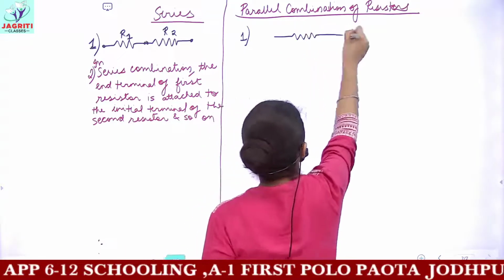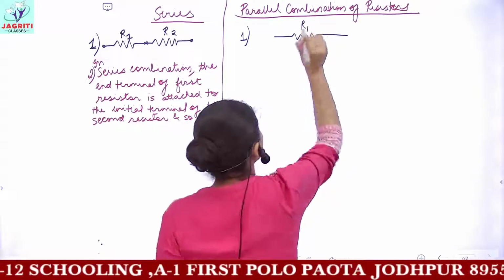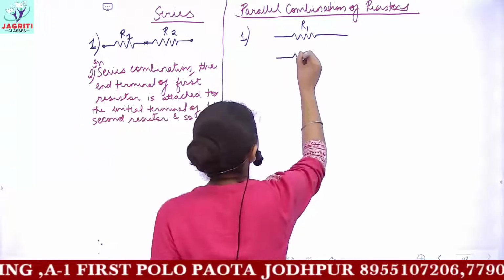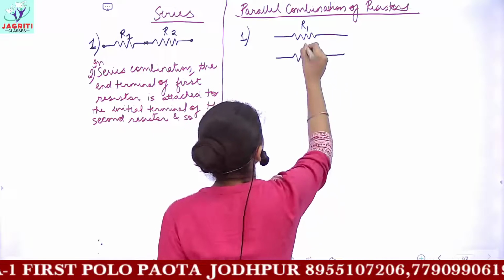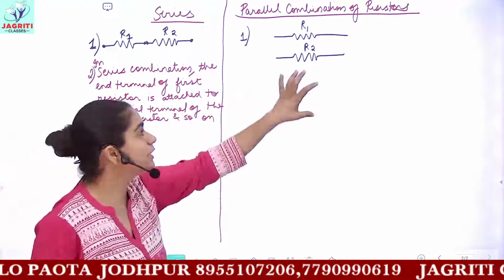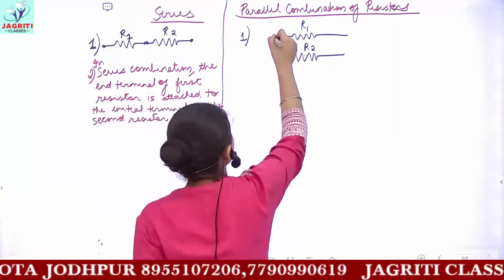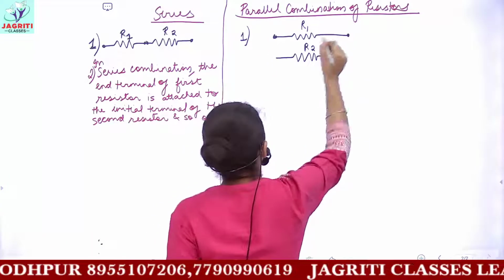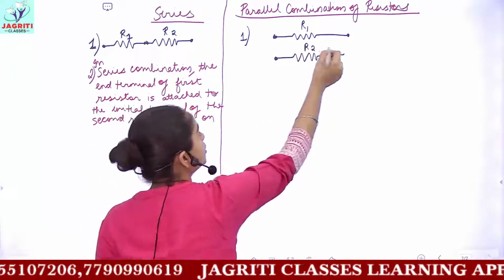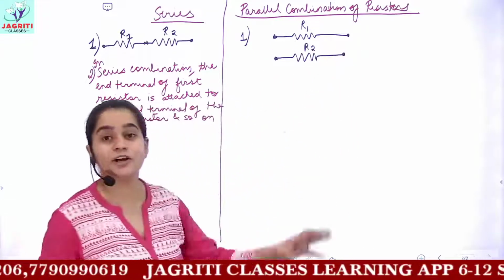So this one was your R1, the first resistor having a resistance R1, and this is your second resistor having a resistance R2. So you have two resistors. Now this is the starting point of the first, the ending point of the first. This is again the starting terminal or initial terminal of R2, and this is the ending terminal of R2.